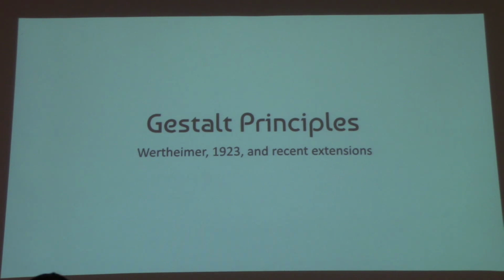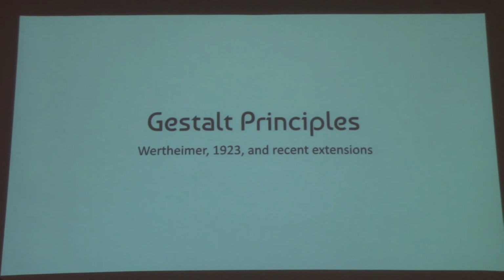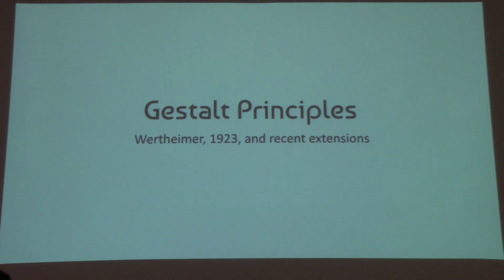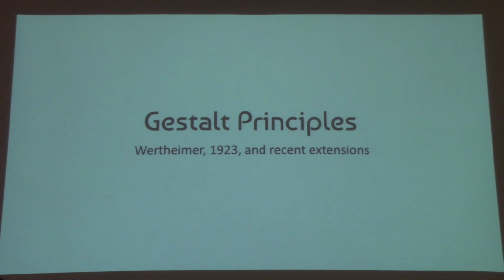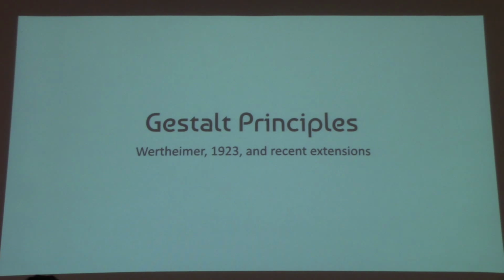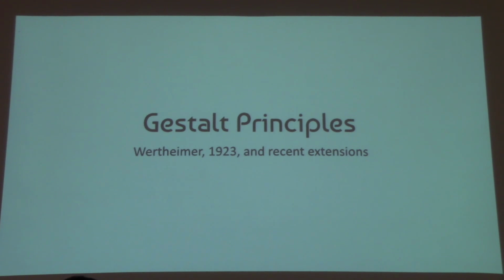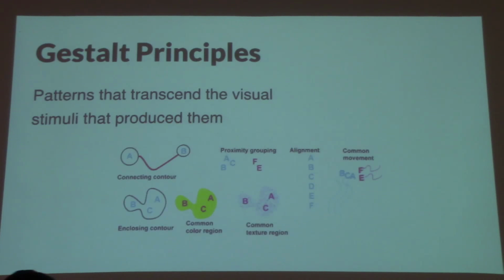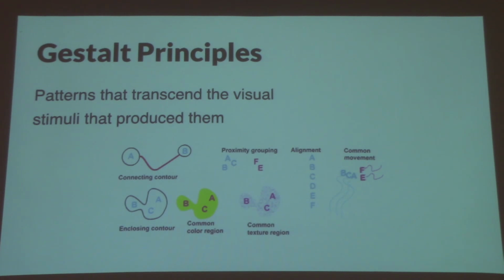These guys really came up with a lot of those. There's a couple of recent extensions that are also relevant for visualization, so I will talk about them. They also had theories about why they work, and they were wrong, but the description of what the Gestalt principles are was correct.